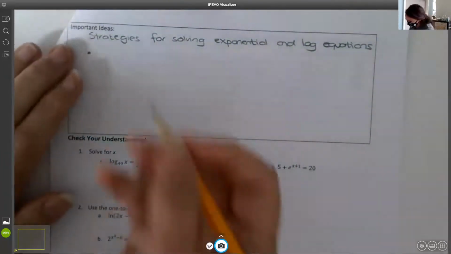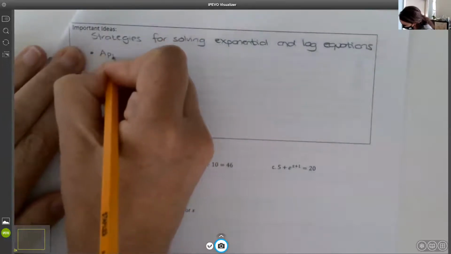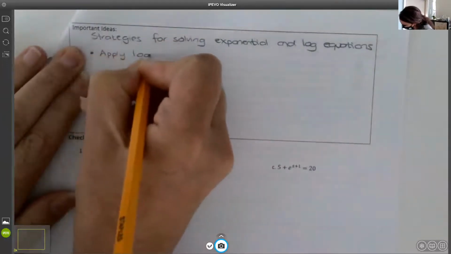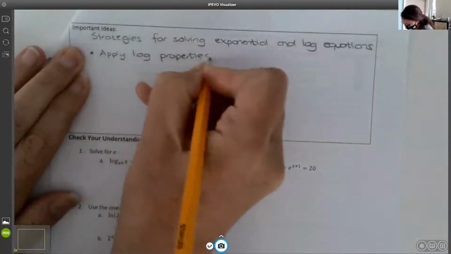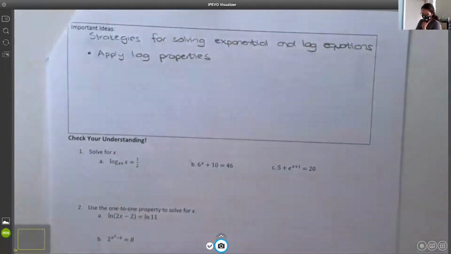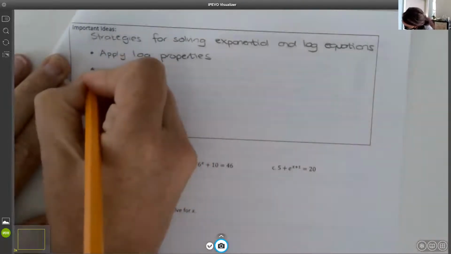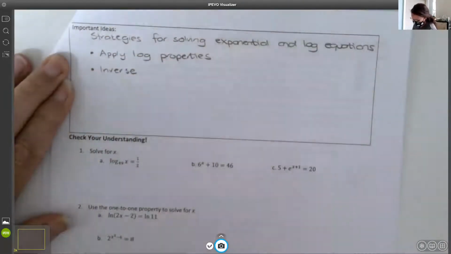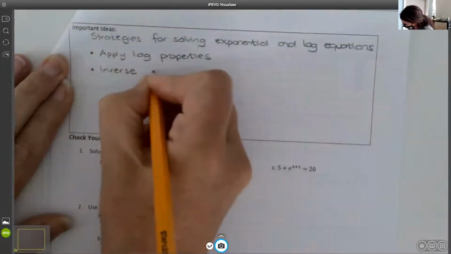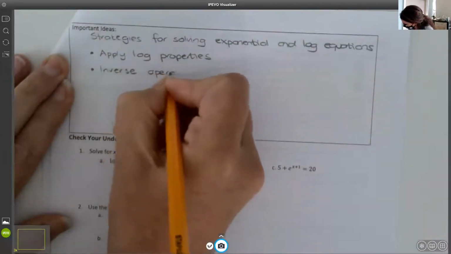One of the strategies that you're going to use a lot is you're going to apply the log properties that we learned last week. We're going to use a strategy that you've been using since you first started solving equations, which is to use inverse operations.